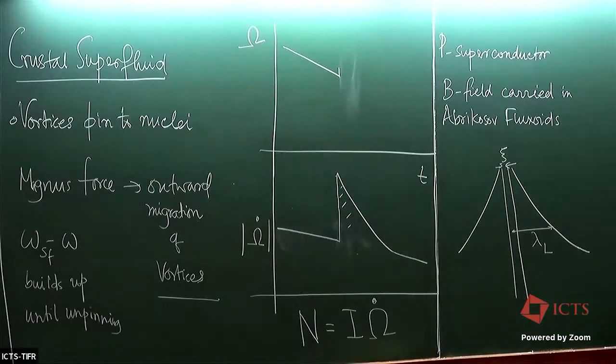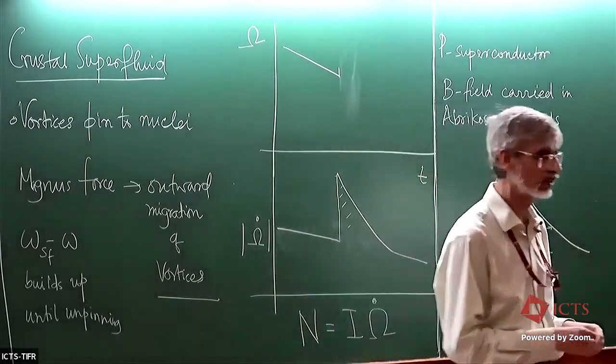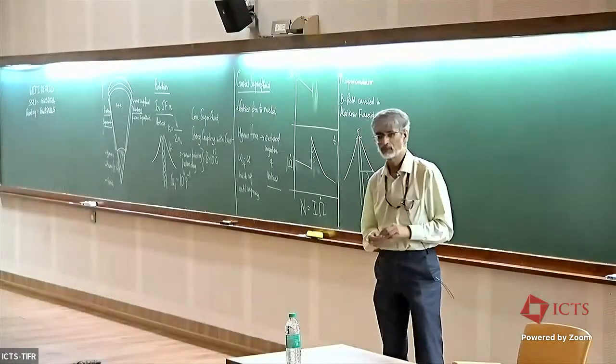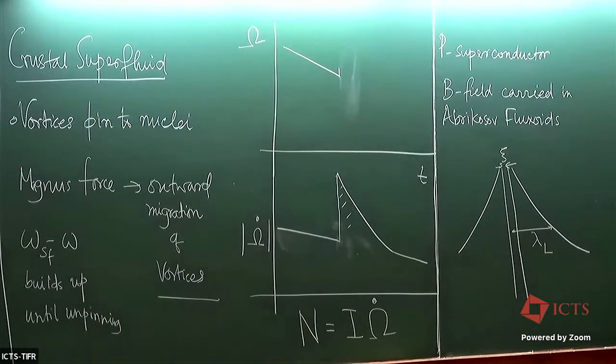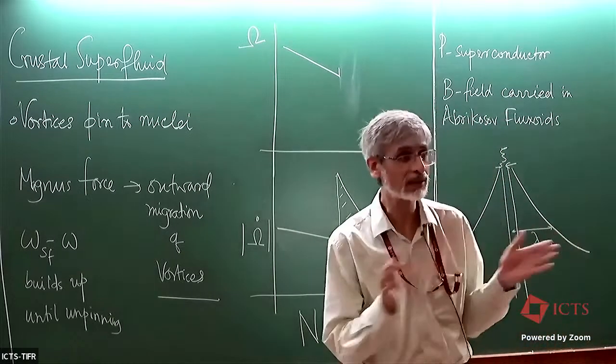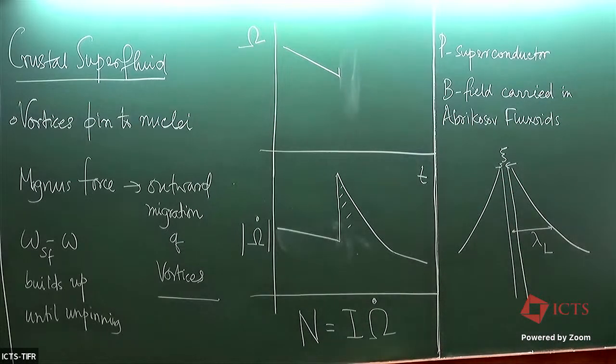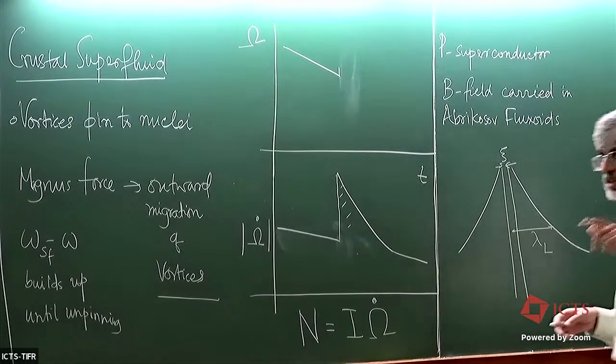But the proton superfluid also rotates. Should the proton superfluid have vortices in it to rotate? It's a charged superfluid. The proton superfluid does not need to have vortices to rotate. If you have a charge, then the momentum that we use for the pair, in case of neutrons, it will be just P. In case of protons, it will be P minus charge times the vector potential divided by c.